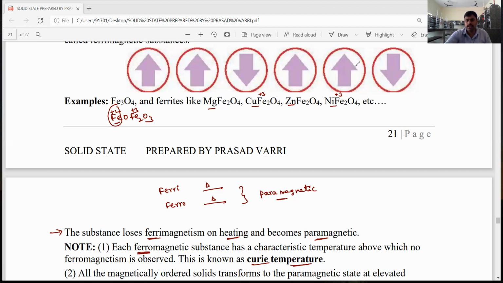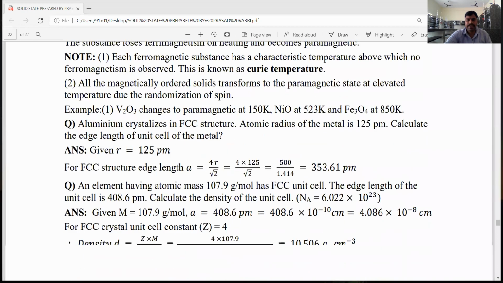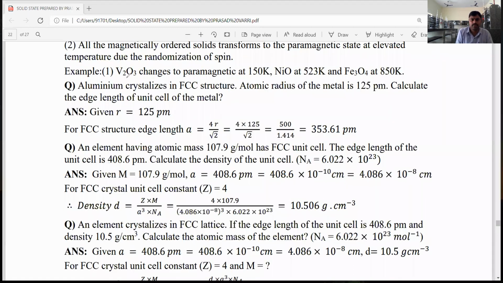Okay, dear students, let's see. For example, vanadium oxide V2O3, a ferromagnetic substance, changes to paramagnetic at 150 kelvins. This 150 kelvins is the Curie temperature. And nickel oxide at 523 kelvins, and iron oxide Fe3O4 at 850 kelvins, are converted into paramagnetic nature.